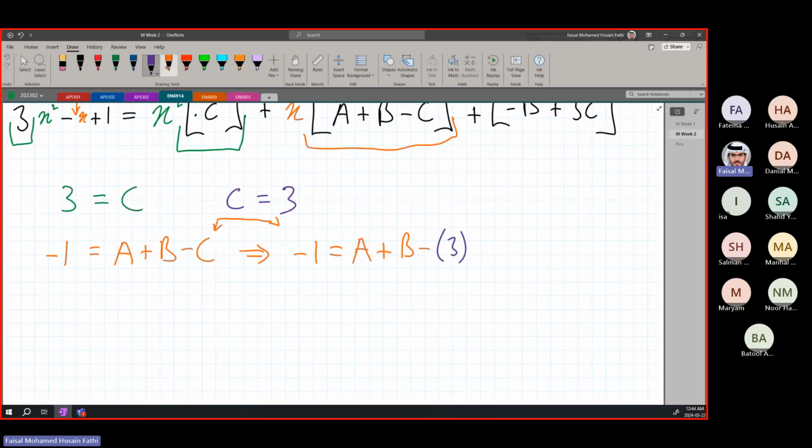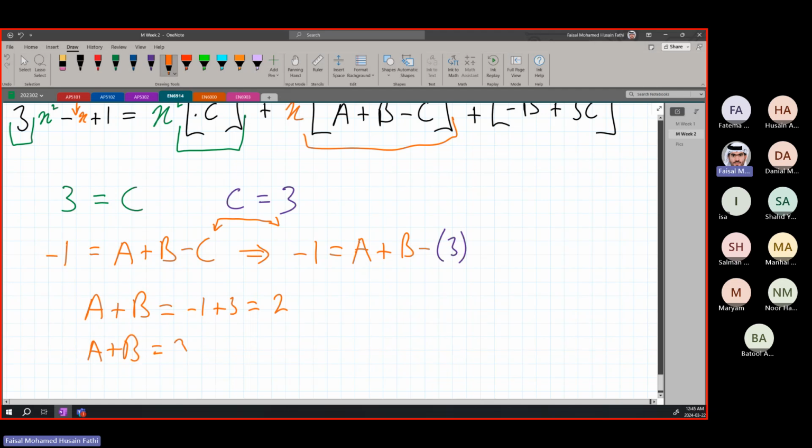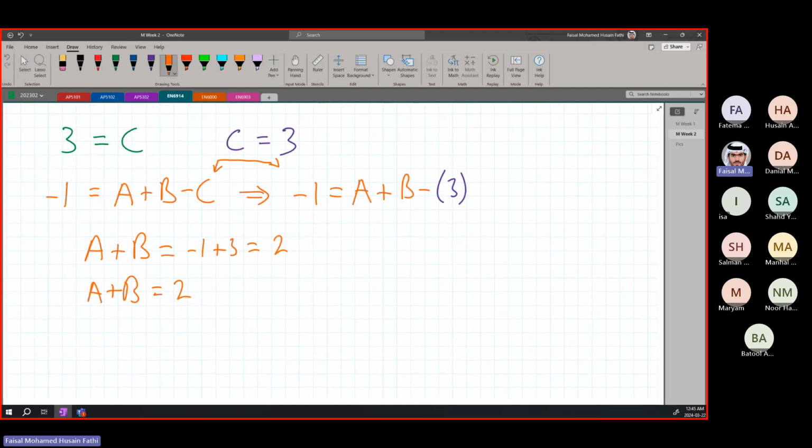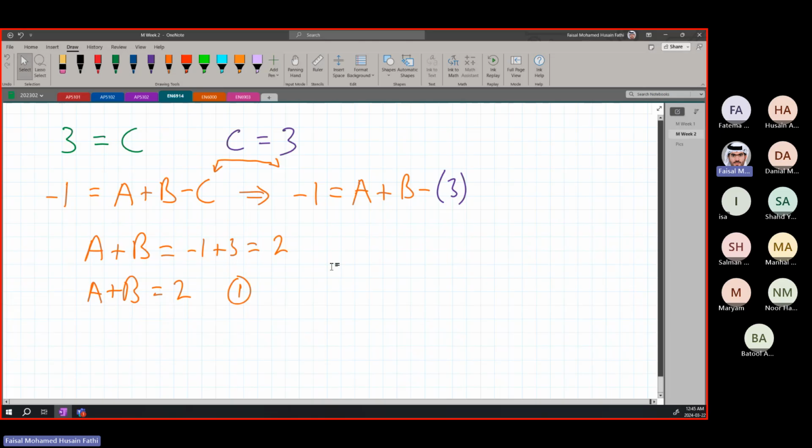If we rearrange this equation, a plus b is equal to minus 1 plus 3, which is equal to 2. So a plus b is equal to 2. Okay, this is our first equation we managed to get out of this.